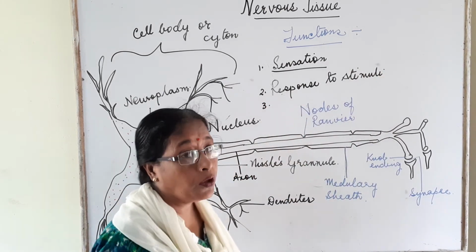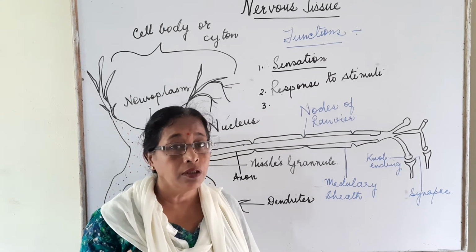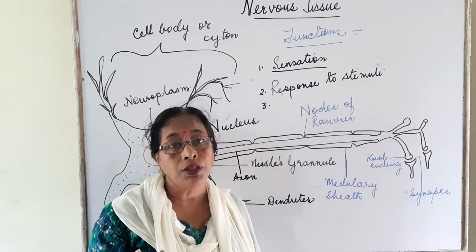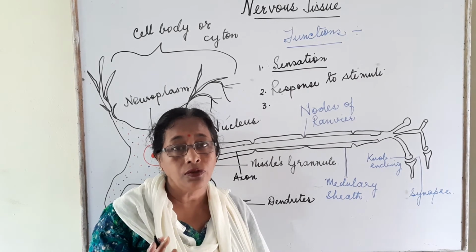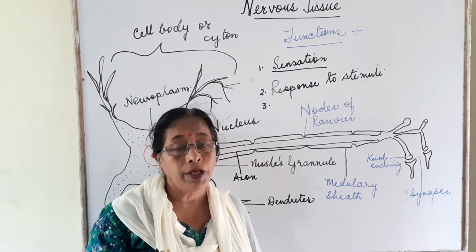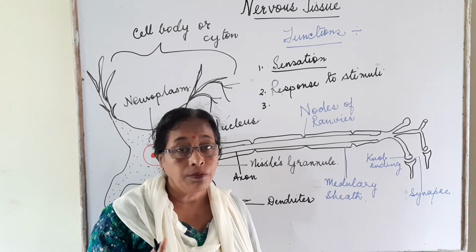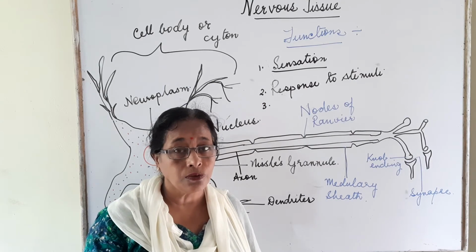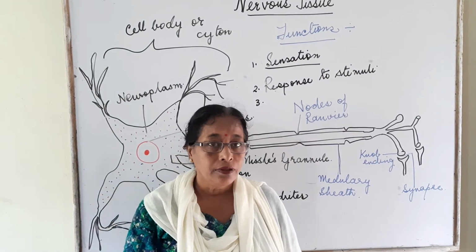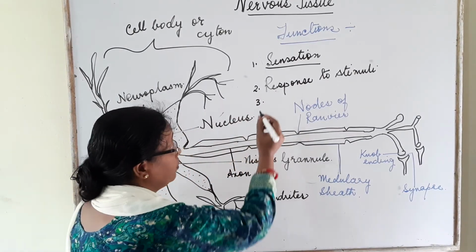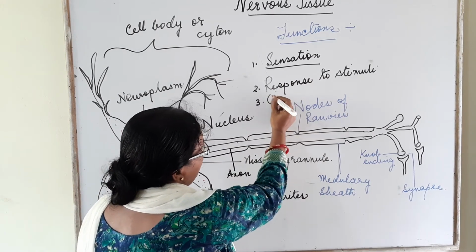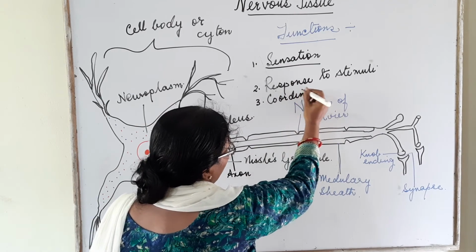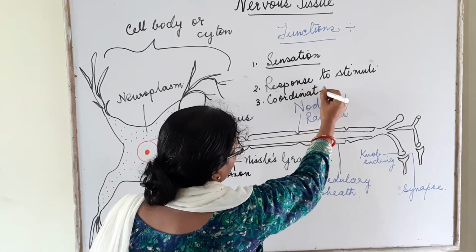The third important function of the nervous tissue is to control. It controls all the body activities. All the activities of the body are controlled by the nervous tissue. We must remember that our brain is also made up of nervous tissue. The next important function of the nervous tissue is coordination. It coordinates all the body functioning.